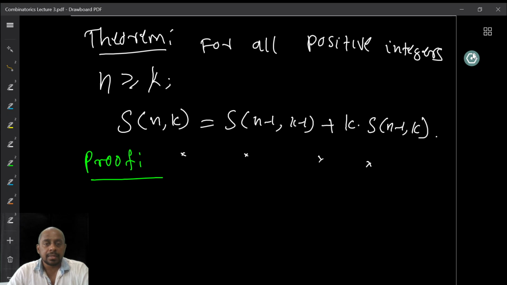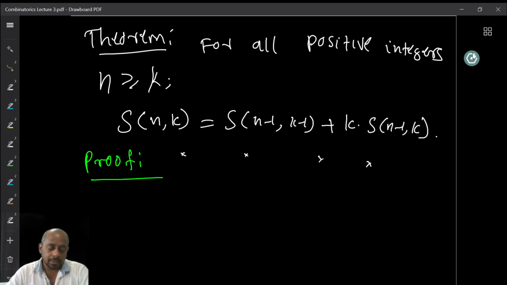So to do this, we find a bijection between the set of all partitions of an n element set into k blocks to some other sets, or union of sets. So how do we do this?